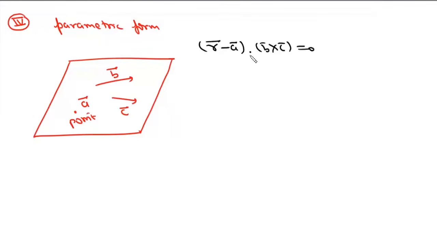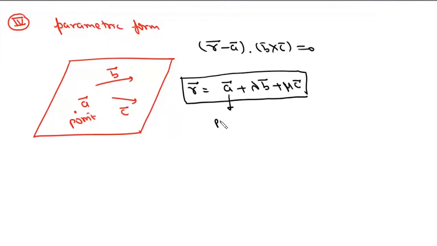Another way to write this equation is R equals A plus lambda B plus mu C. So this is the parametric equation of this plane, where A is a point on this plane and B and C are vectors parallel to the plane. So we can write the equation of this plane as R equals vector A plus lambda vector B plus mu C.